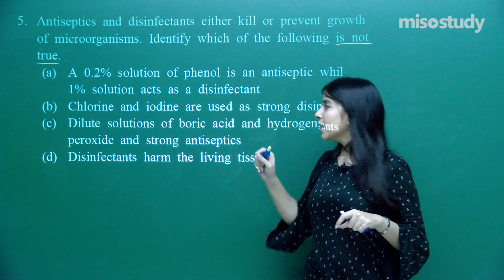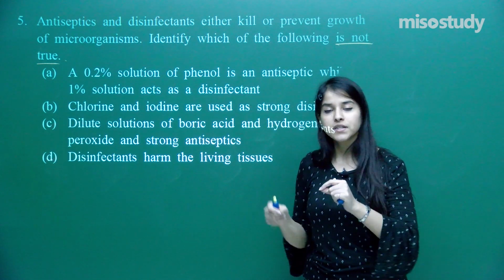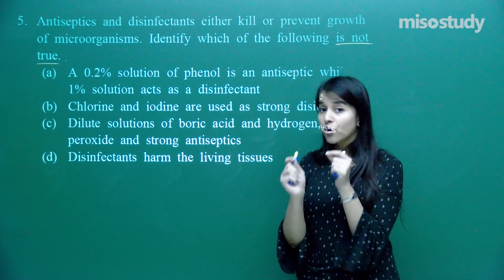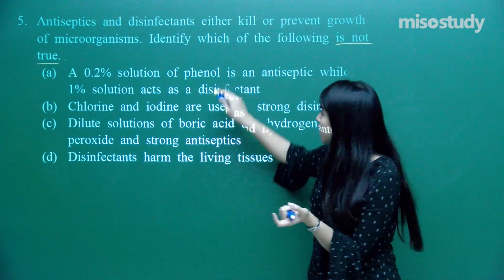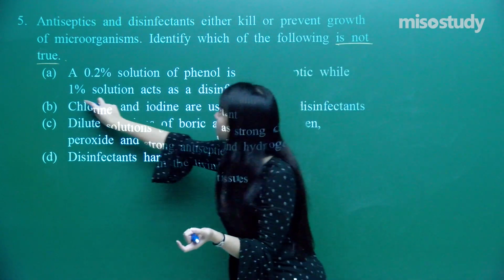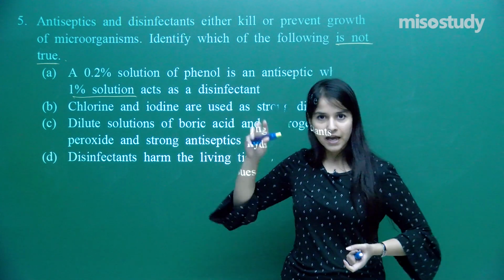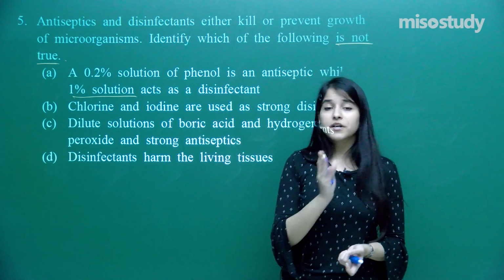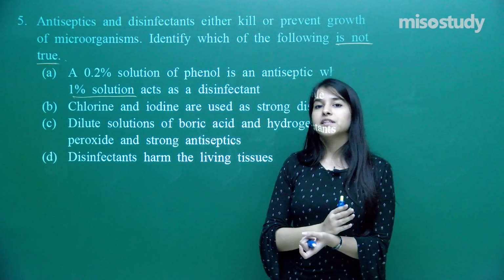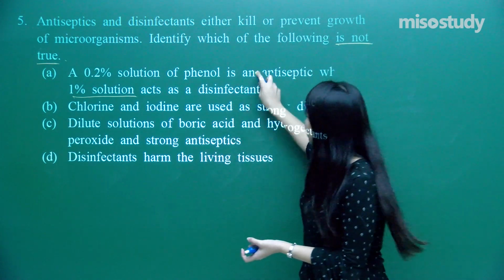Yes, we all know, if I take phenol in less quantity, it is not harmful for our living tissues. But if I take a higher concentration of phenol, it is harmful for our skin. That means it can be used as a disinfectant but not as an antiseptic applied on the body. So this is very correct.